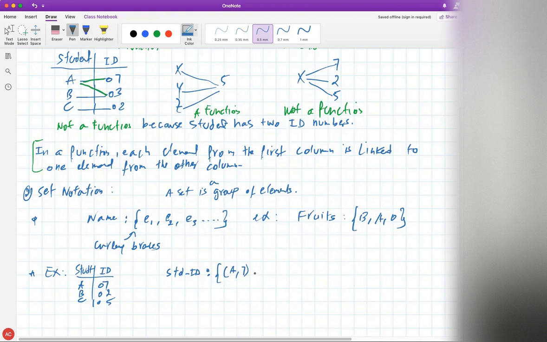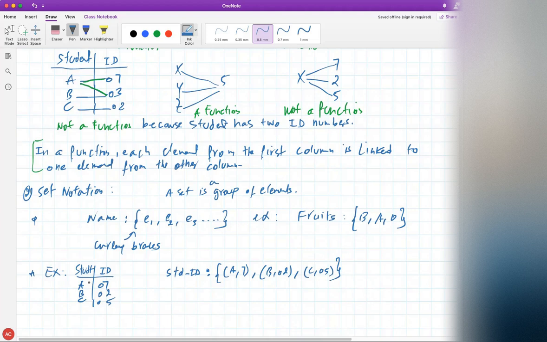So this element is done, comma, and the second one will be the other element or pair. B02. That's right, B02, comma, finally, C005. 01, 02, 03. That's right. And then you close the curly brace.